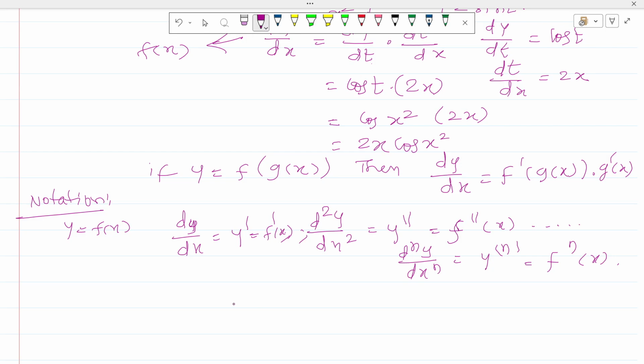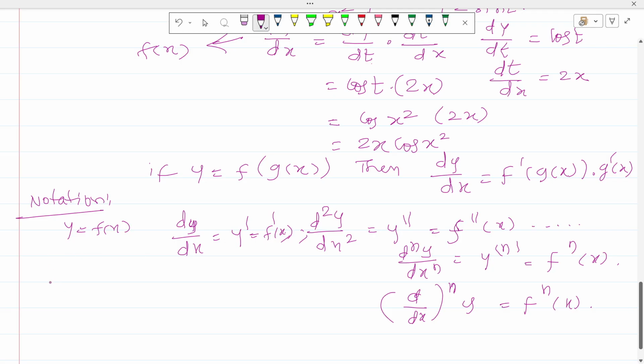fn of x. Generally, you can even write this as d by dx of n y. You can write like that also. So these are the different types of notations.